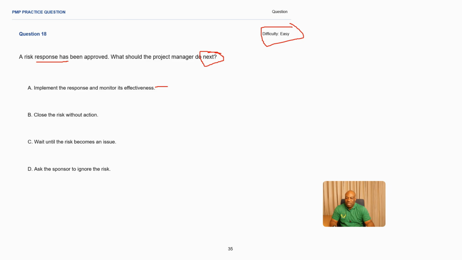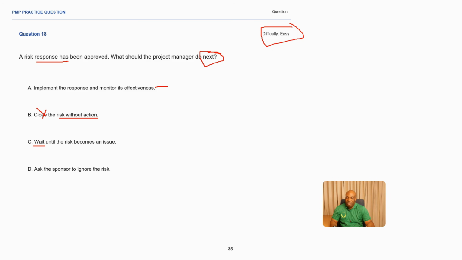Close the risk without action. You don't close the risk without action. It has to go through the proper risk flow or analysis or risk management process. So thereby eliminating this answer. Wait until the risk becomes an issue. The moment you see the word wait, you are delaying the project. You are delaying the activity. You are delaying the response. So always make sure that you don't wait for anything, you act.